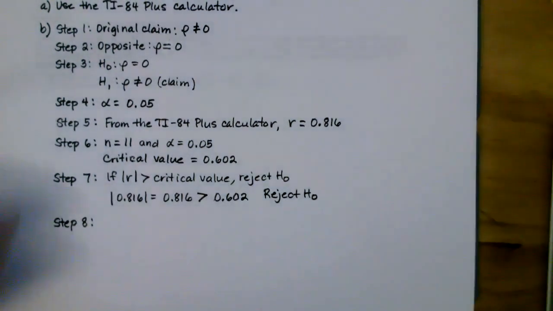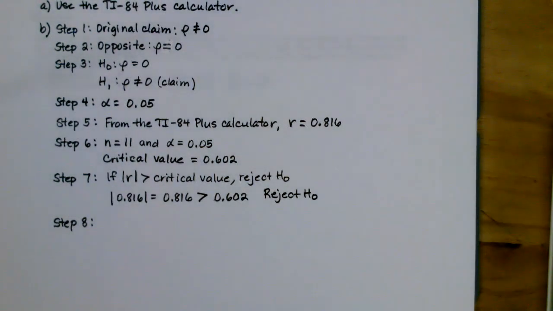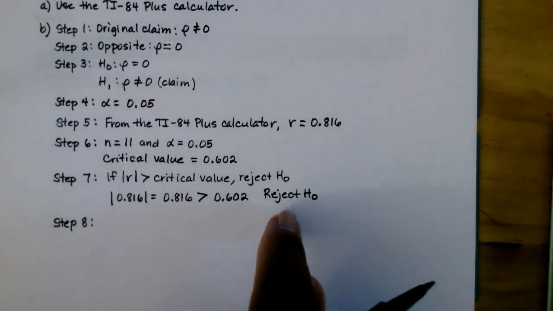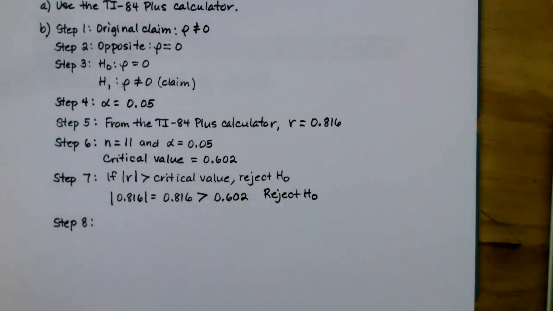And then step number 8 is writing our conclusion statement using simple non-technical terms. The claim was the alternative hypothesis. We rejected the null. That means that we have sufficient evidence to support the claim.